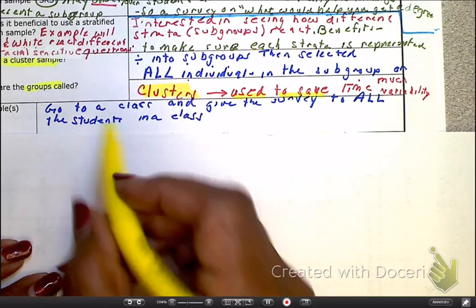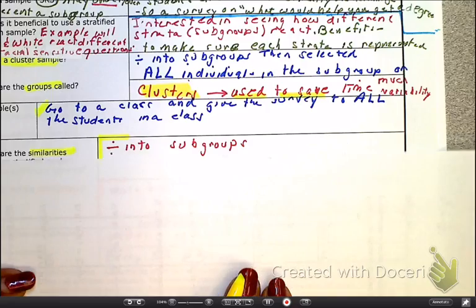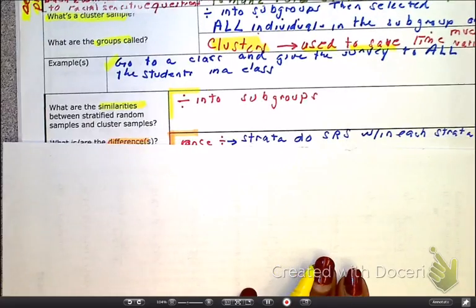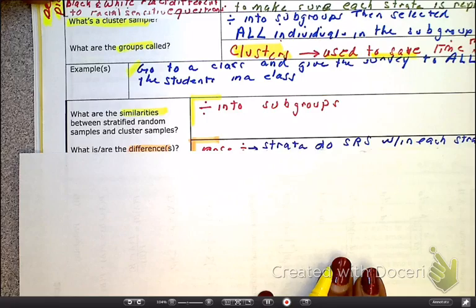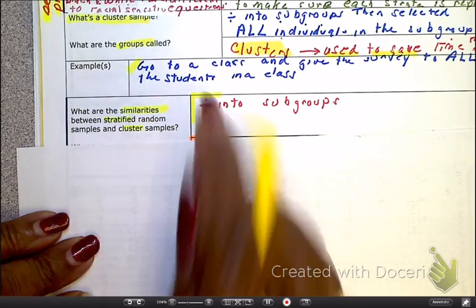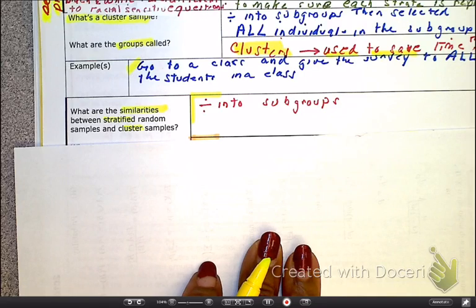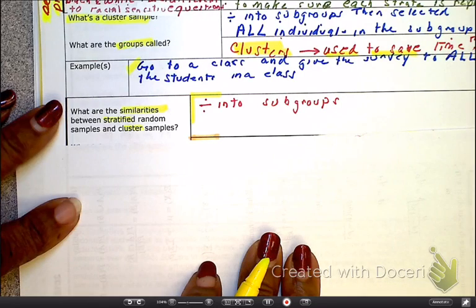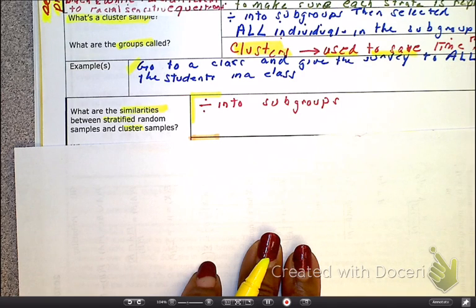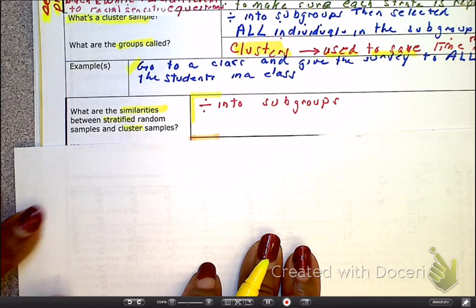So here's the example that I just mentioned. Now, what are the similarities between a strata and a cluster? Well, they're divided into subgroups. For strata, they definitely have some type of commonality between them.